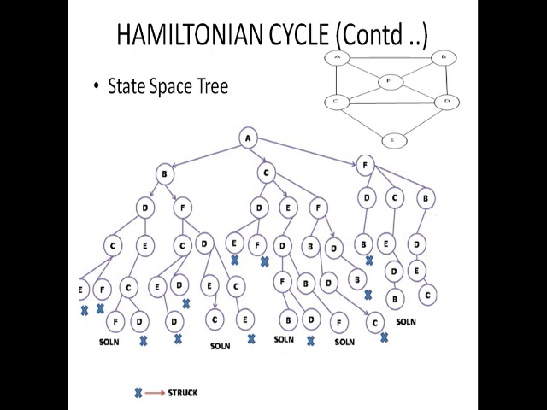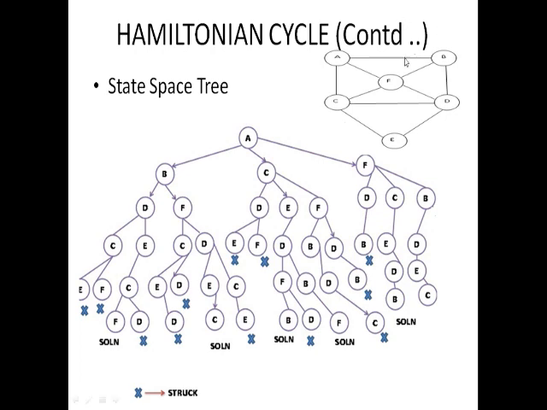Then we say that no Hamiltonian cycle is reached. Next one is A, B, F, D, E, C. A, B, F, C, and that path we didn't get any solution, so we go for the next path.